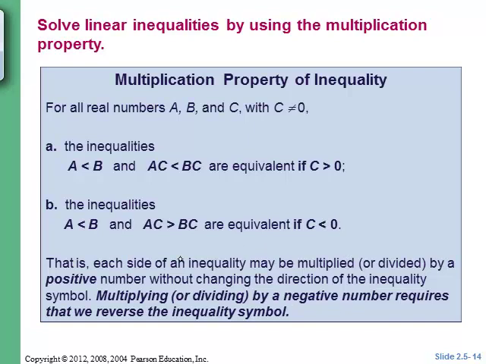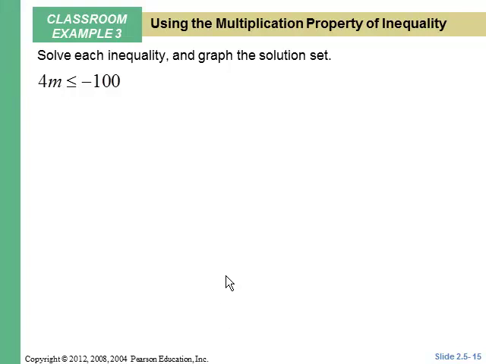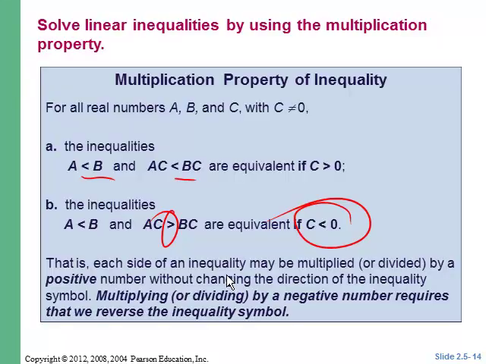Now, sometimes we have to solve it using the multiplication property, and as long as we're multiplying by a positive number, the sign doesn't change. If we multiply by a negative number, notice we change the direction of the sign. Why does that happen? Well, I suppose I could show you. We know that 4 is less than 5.